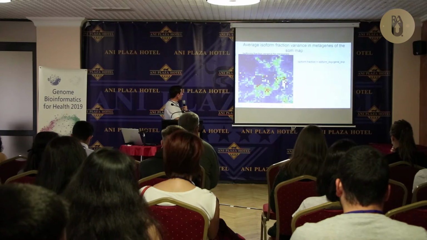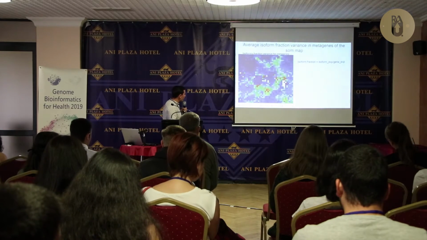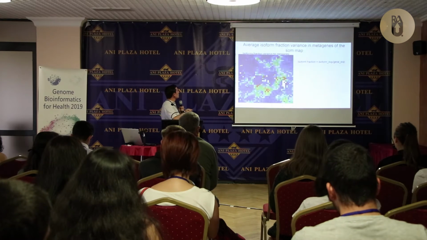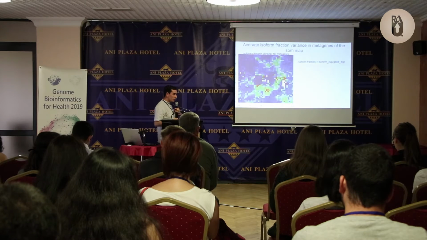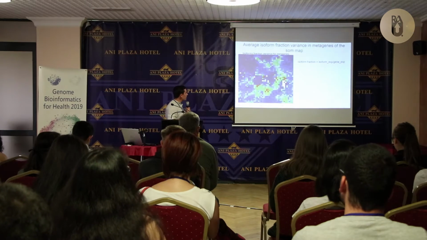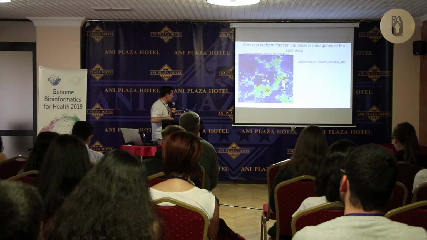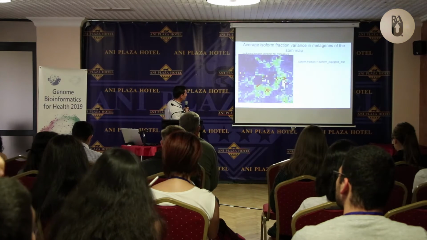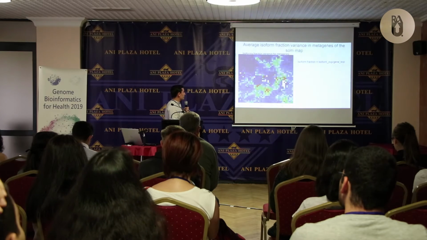And we can clearly see here that we took the variance of these isoform fractions and averaged it for each metagene on this map. It is visible that in detected spot areas, these genes have almost no variance.